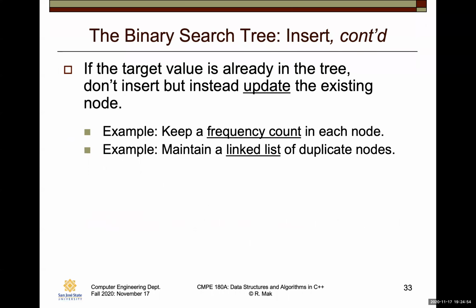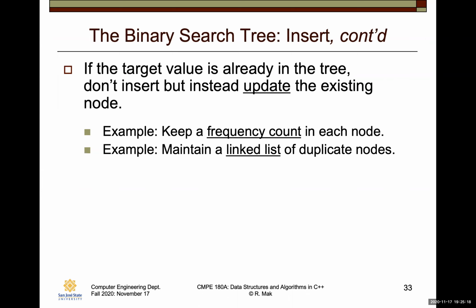Now, I've been assuming all along that the values in the binary search tree are unique. Well, if you are going to insert a node into the tree and that value already exists, you don't add another node, but you update the node that already exists.